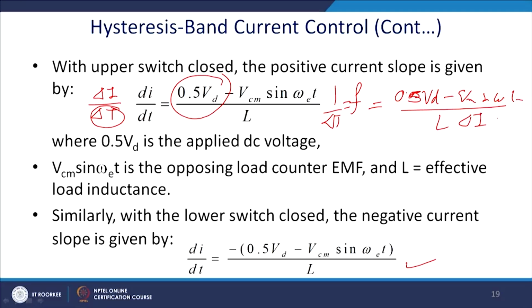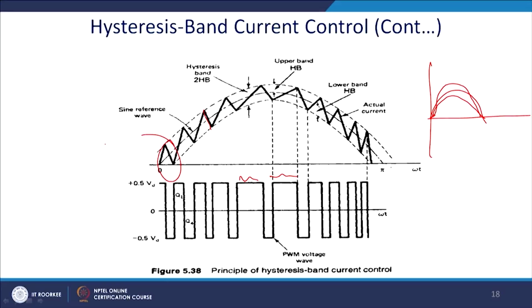You can see the frequency is maximum when V sin omega t is 0 and it is minimum at the peak. As you can see in this waveform, here the frequency is more, here the frequency is more, and here the frequency is less.